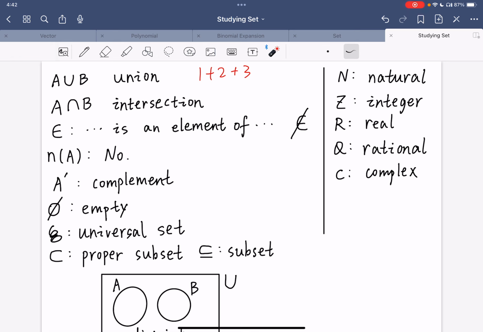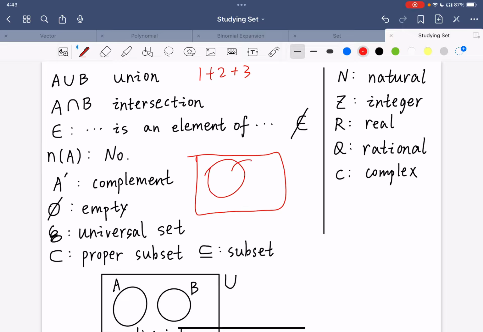Number 2, intersection. I think this set notation is the one that you will encounter mostly in your later studies. If we look at the graph again, we still have two sets, A and B, and still three parts.